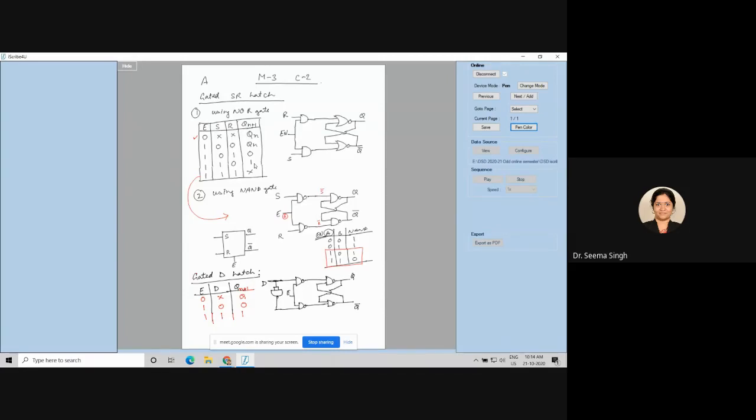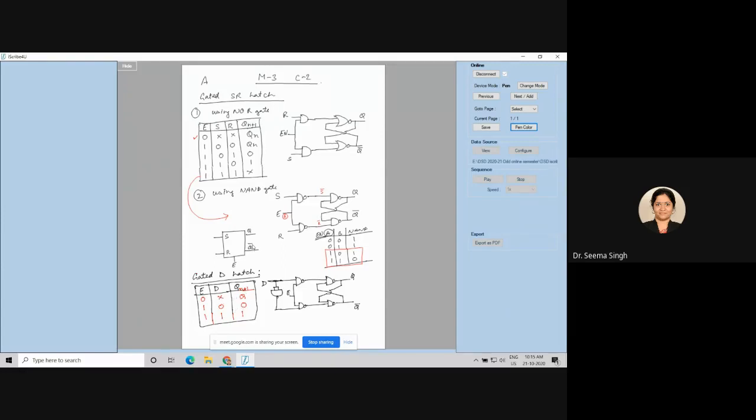Why is it gated? Gated because it is being controlled with your enable pin. So, it is called as gated. So, you have a gated D latch, and D latch means it is having a no change condition and it is having Q equal to D condition.